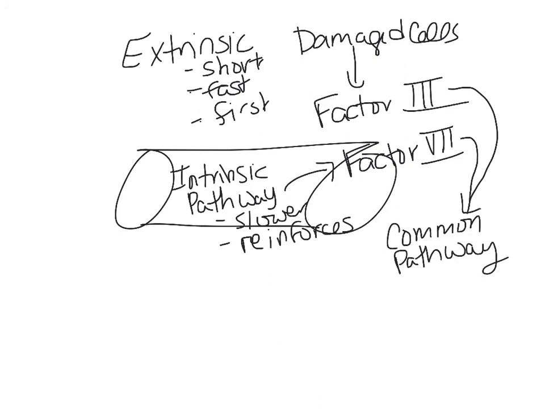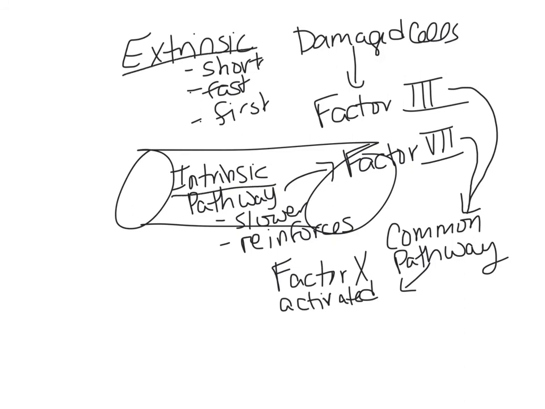All right, the common pathway is going to activate a blood clotting factor that's called factor 10. So factor 10 becomes activated. This is just showing you the three different pathways. We have an extrinsic pathway, an intrinsic pathway, and a common pathway.